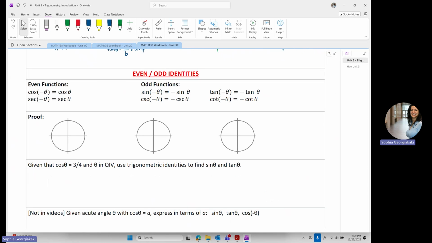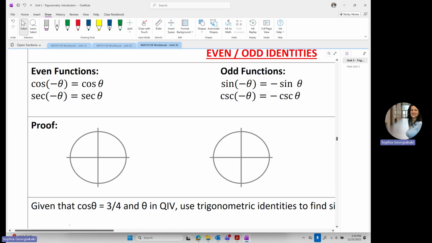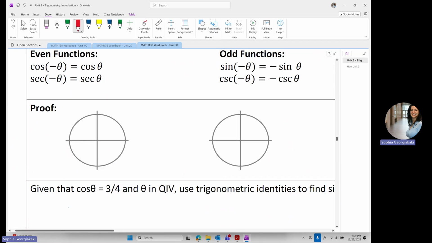So the trigonometric functions have the property that some of them maintain their value for opposite rotations, and these are the cosine and its reciprocal, the secant.